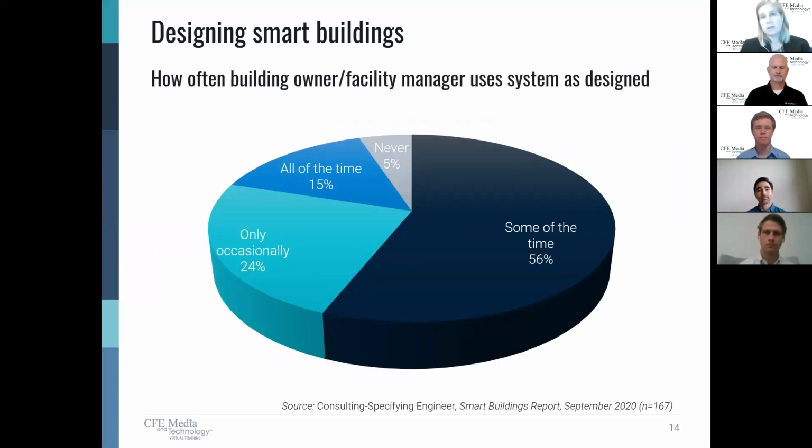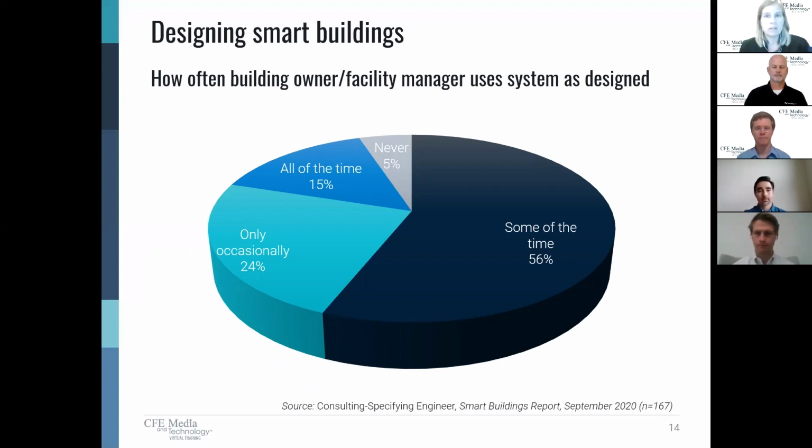Right, so we asked a similar question that kind of filled out that information. How frequently is an owner or a facility manager actually using those systems as designed? And it wasn't as high as we thought it would be. All of the time was only 15%.